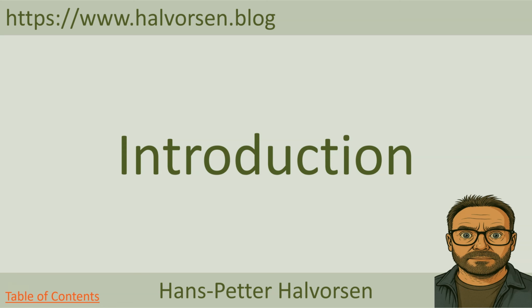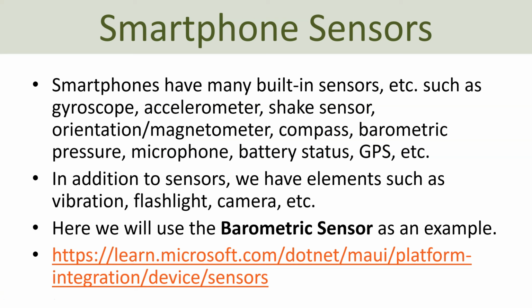So before we start creating the app itself, let's start with a short introduction. Basically any type of smartphone today has lots of built-in sensors that you can use as part of your application. You have sensors like a gyroscope, accelerometer, shake sensor, magnetometer, compass, barometric sensor, which we are going to use in this tutorial.